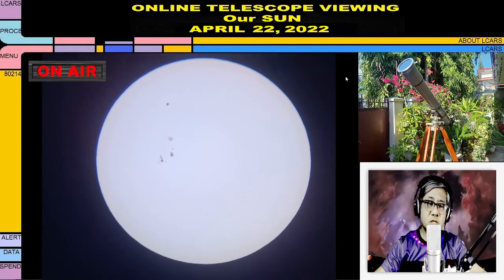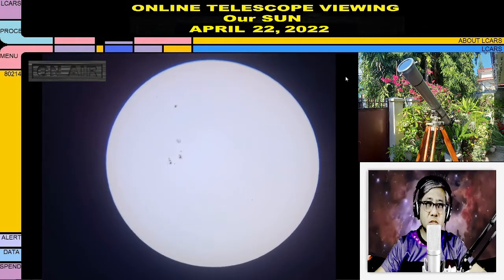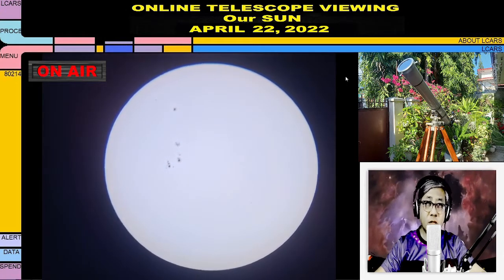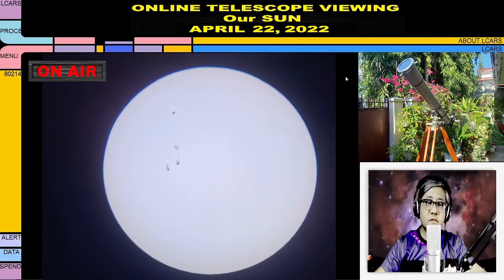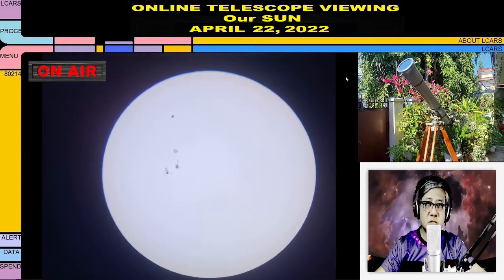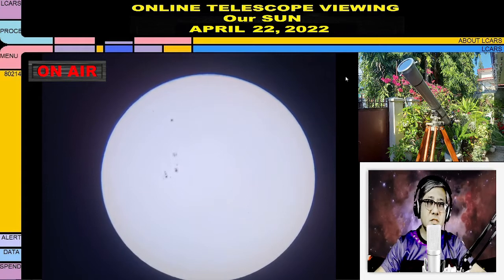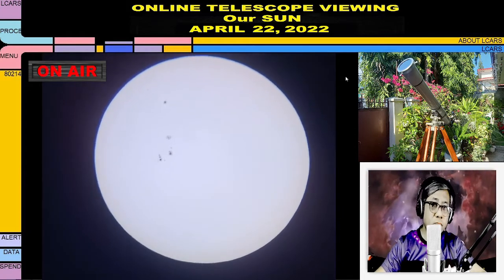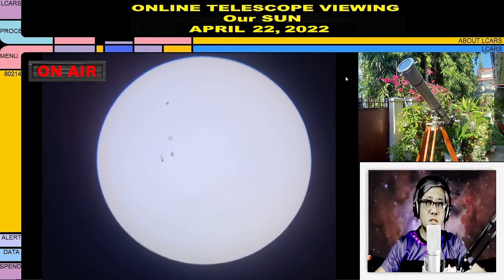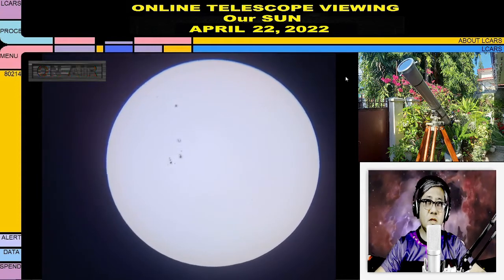Now, coronal mass ejections, mga ka-spacers, they are powerful eruptions near the surface of the sun. Parang solar flares. Alright? And these eruptions are driven by kinks in the solar magnetic field.